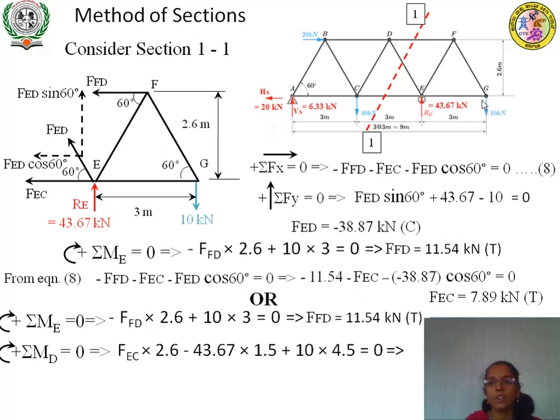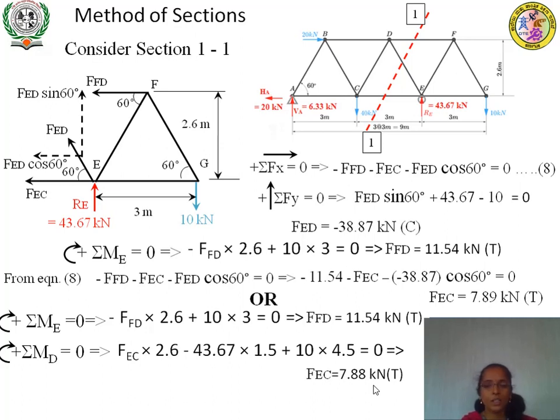Next we will consider this 10 kilonewton about D, again it is inducing clockwise. So 10 into 3 plus 1.5, 4.5 meter, that is equal to 0, from which you can get FEC as 7.88 kilonewton. So this is 89 and this is 88, so both are same.